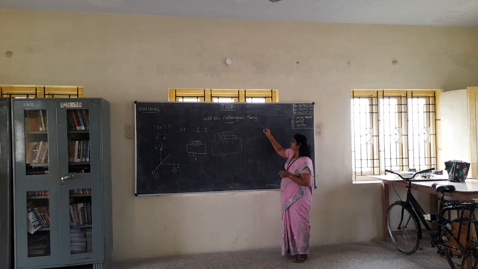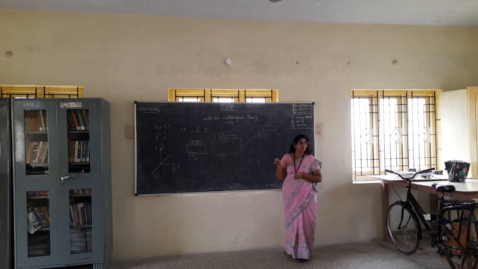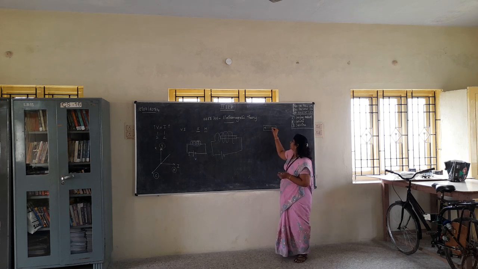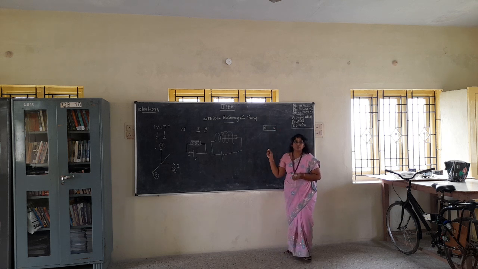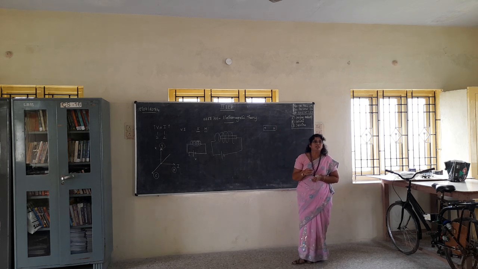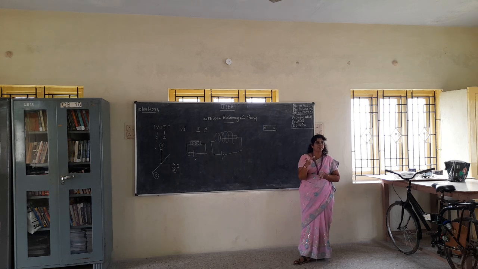Usually how do they represent a magnet? They represent it as a bar magnet. You will be having north pole and south pole. So when you have a north and south pole, what will be produced here? You take a magnet.